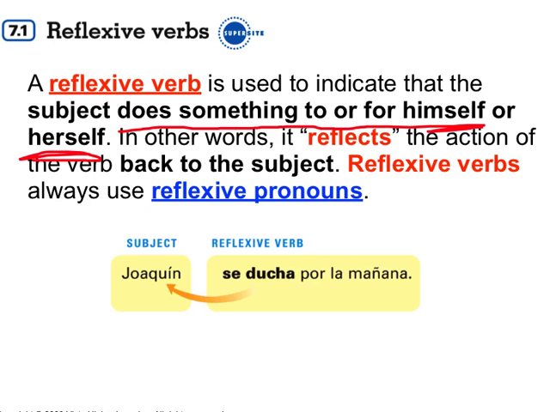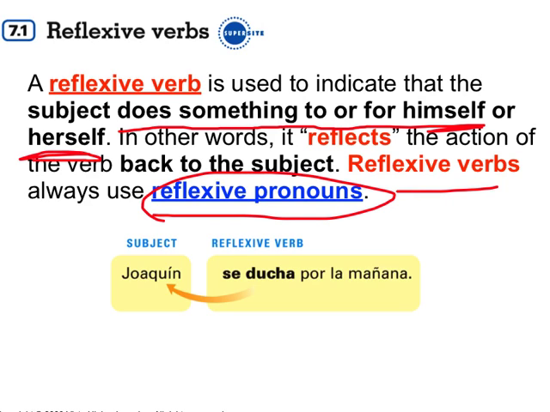When you look at yourself in a mirror, the mirror reflects back to you. However, you can turn the mirror a little bit and have it reflect other people, and you can see other people. That's not reflexive. That doesn't reflect yourself, but other people. That would be non-reflexive. And so, reflexive verbs always use a reflexive pronoun.